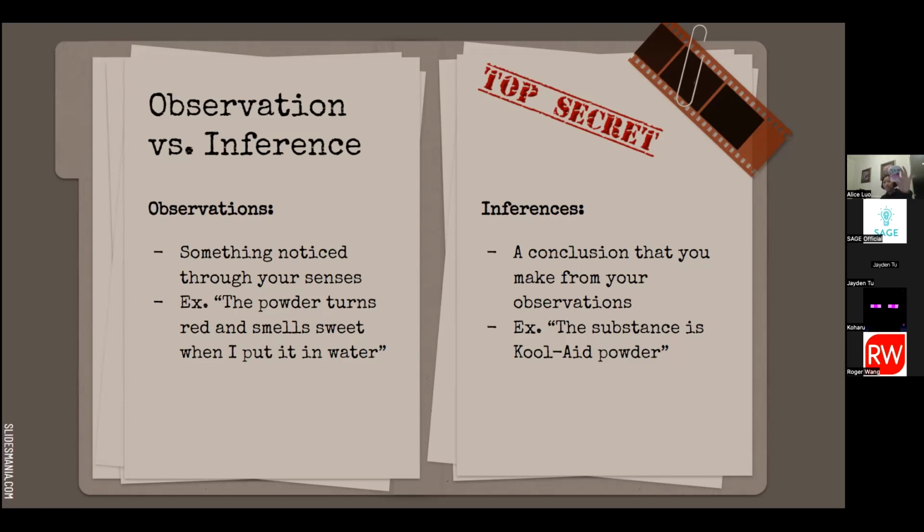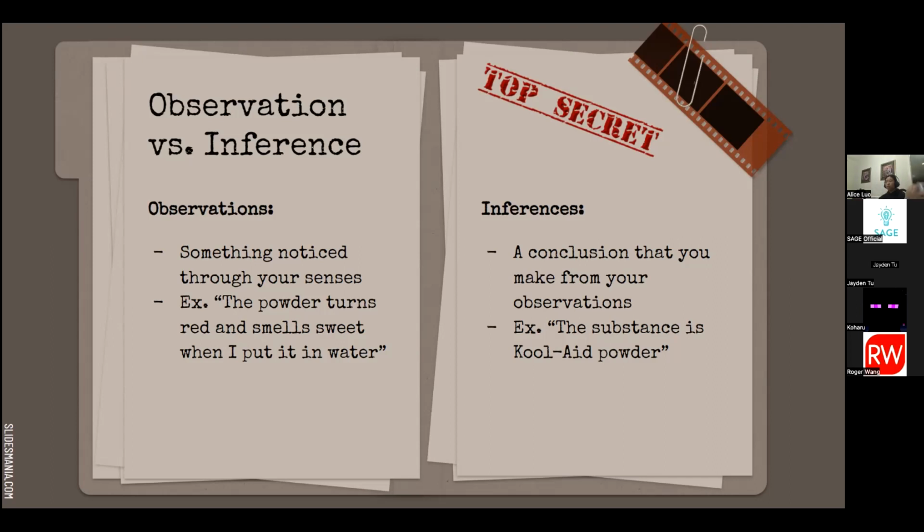If I take this gum container, my observation would be, oh, look, this part of the plastic is missing, the plastic wrap. That would be my observation. An inference is a conclusion that you make from your observations.